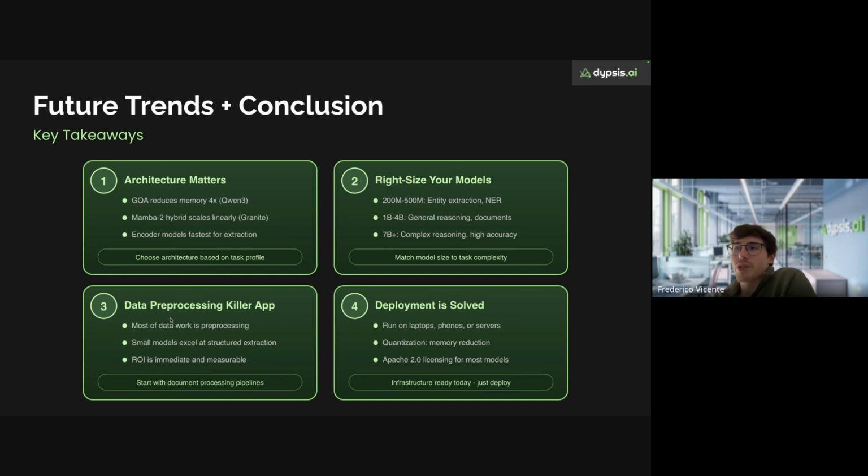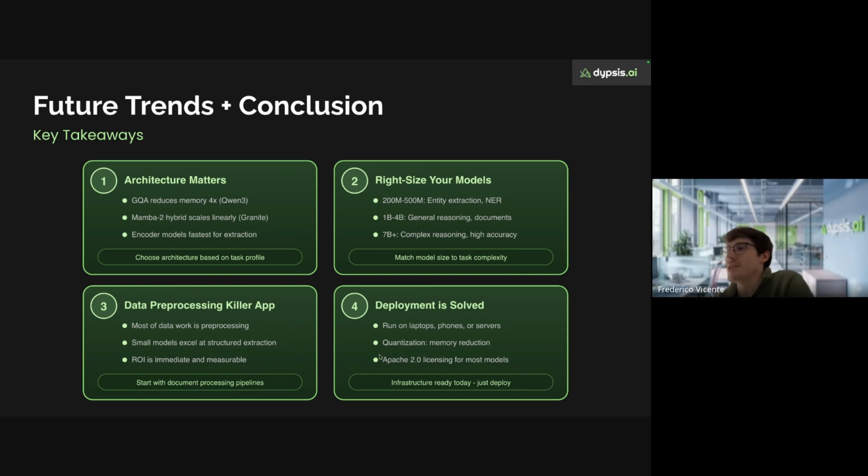One domain, and that's why I started the presentation with this, is document processing. There are a lot of use cases related to this, and it's the one where you can perhaps more easily find use cases for these smaller models.